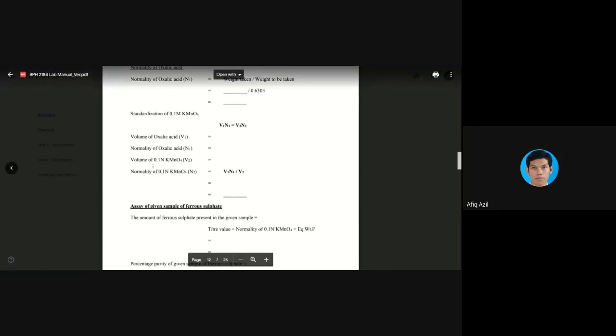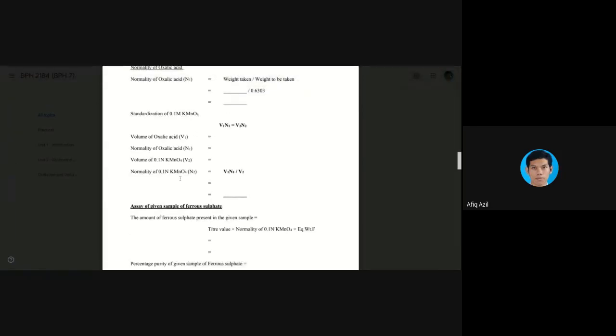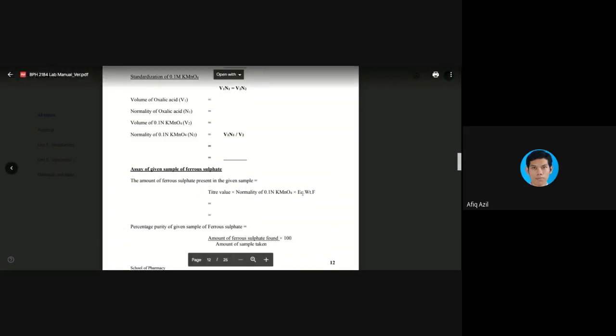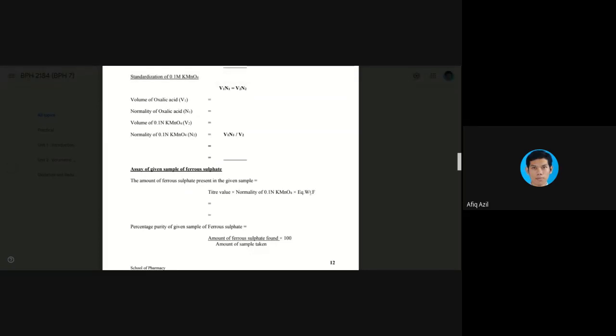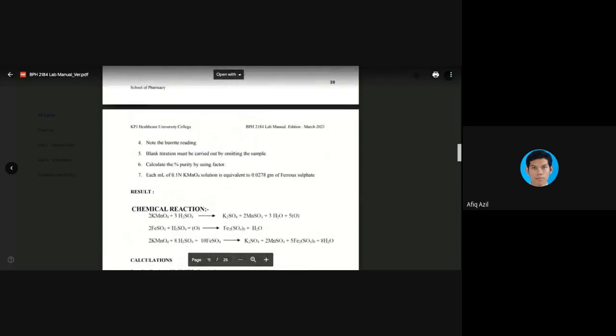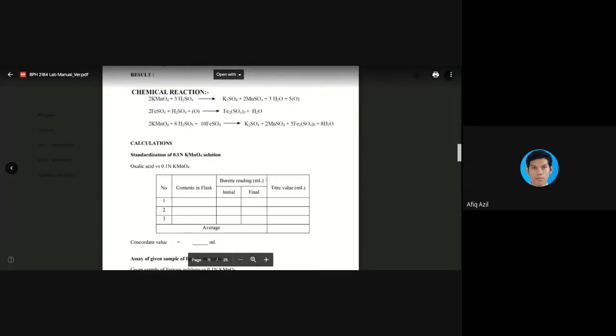First, this is the calculation for the potassium permanganate. Once you get this, then you can use it in this formula. The equivalent weight factor, EQWTF, is what is stated in the procedure, which is 0.0278.